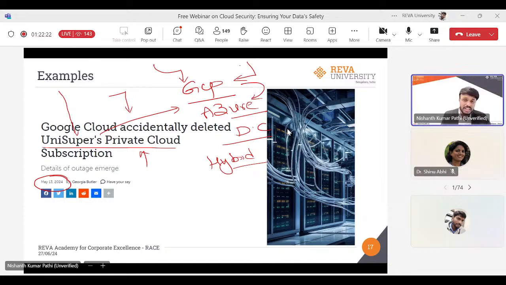From GCP, all the data is lost. But because they had a backup in multi-cloud and hybrid cloud environments, with a data center, Azure as well as GCP, within a week they were able to run their entire company as if it was normal. So this has nothing to do with technology.